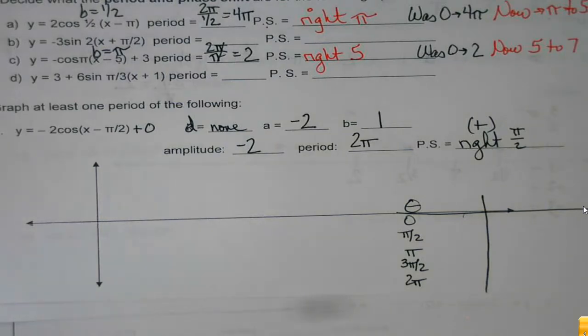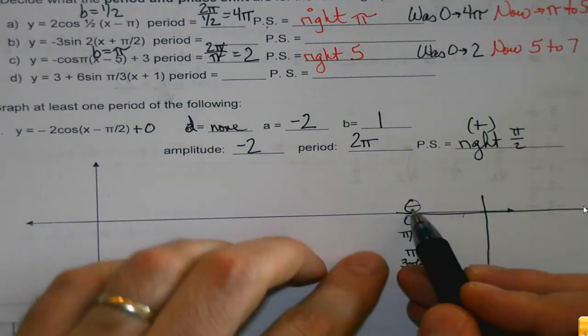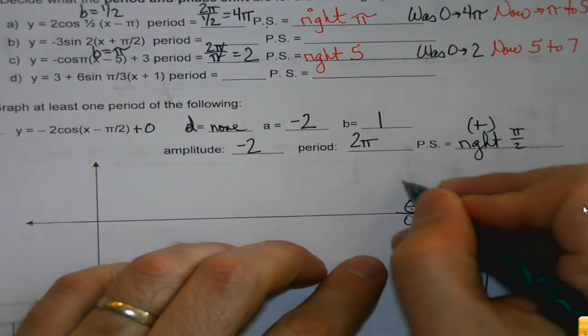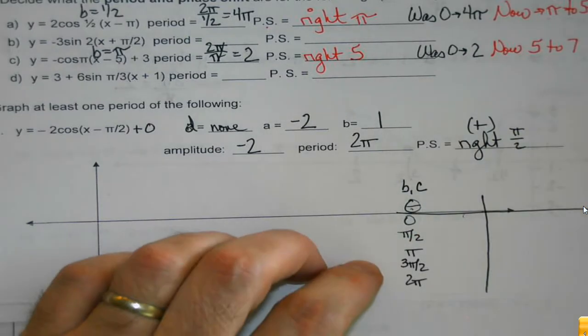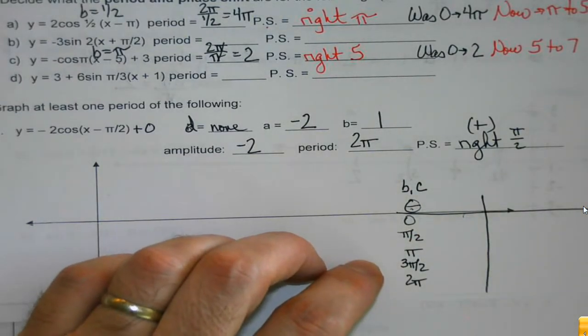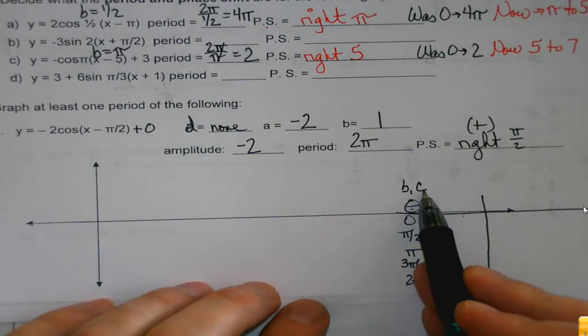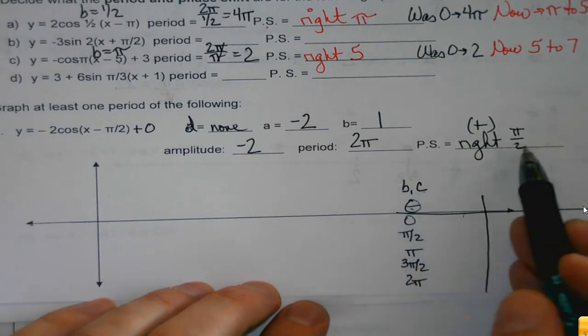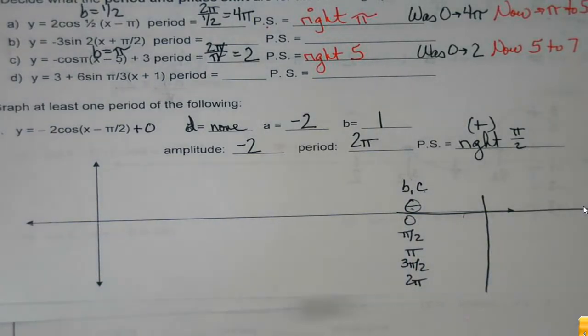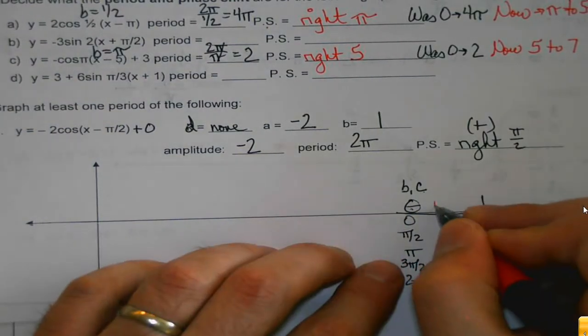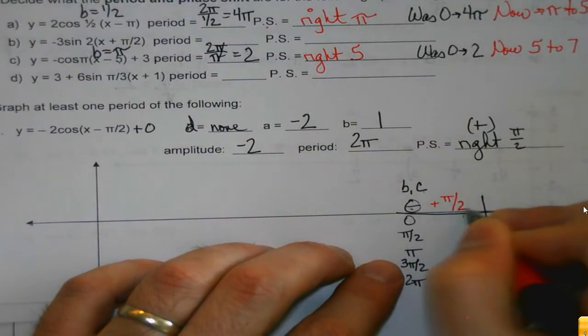We talked before about how when we're doing these, theta is affected by B and C. By a period change, which there isn't one, because it's 1. But also if there's a phase shift. Well, there is. So this time my phase shift means I'm going to be going right.